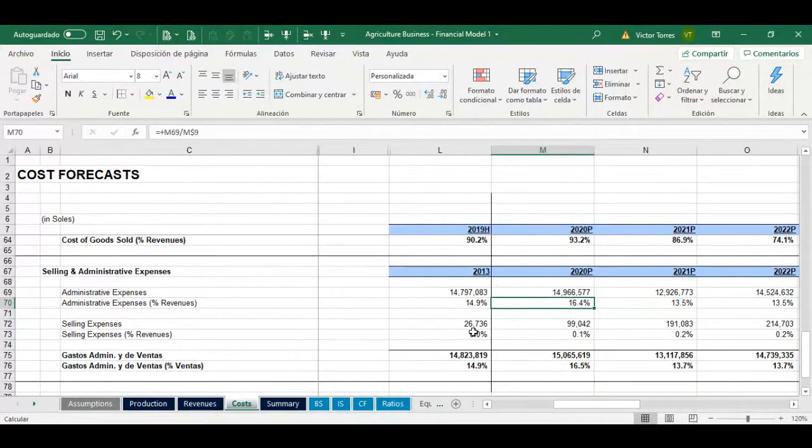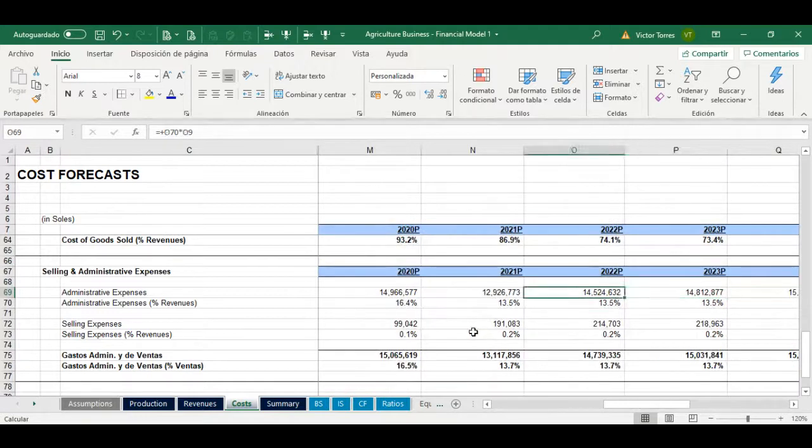Regarding SG&A expenses, it has been an estimation based on a more top-down approach. The SG&A estimation was calculated as a percentage of revenues, and then we assume some percentage that they expect to be the company's target in the coming years.